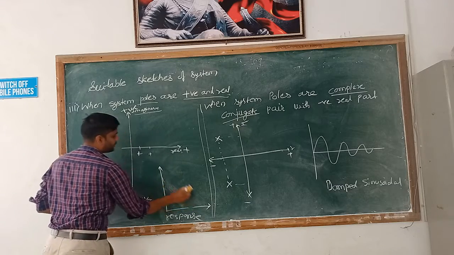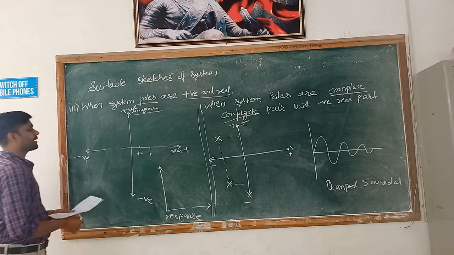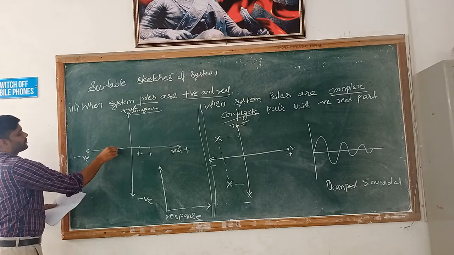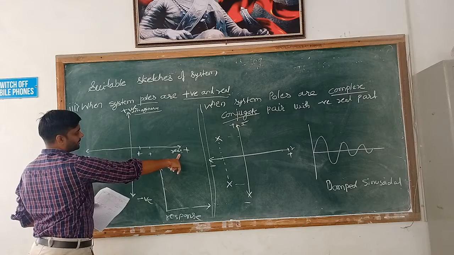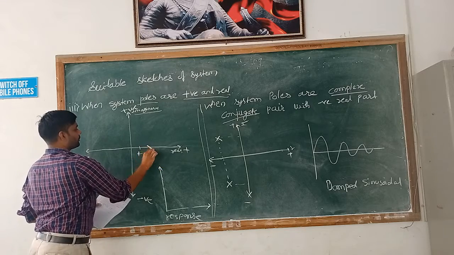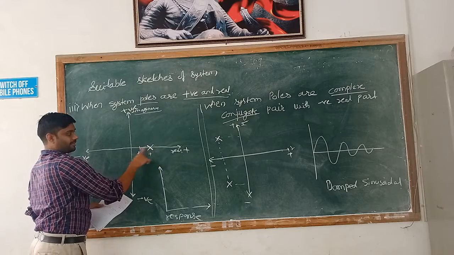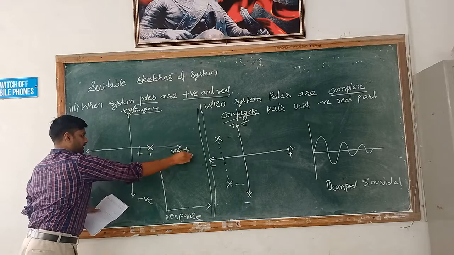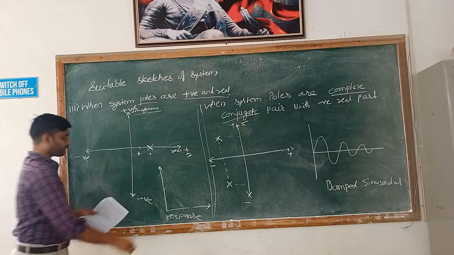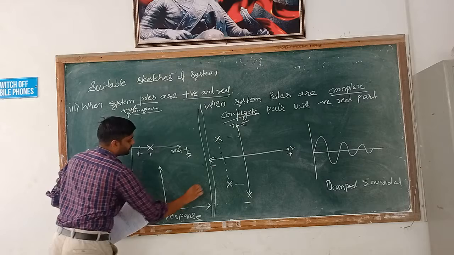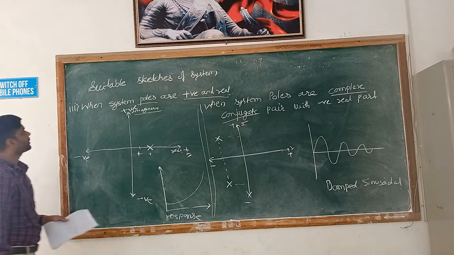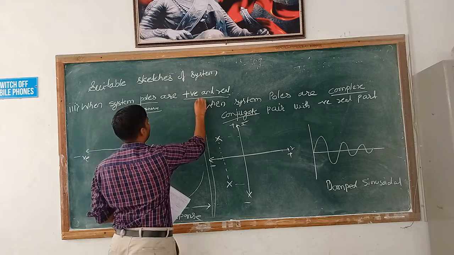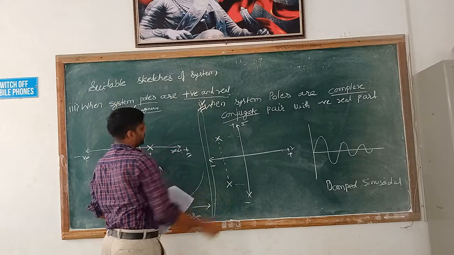So at that time, what will be the response, and where will be the position of the poles? When the poles are positive and real, they come on the real axis, and positive means they come on the positive side of the real axis. And the response of the system is a growing exponential response.